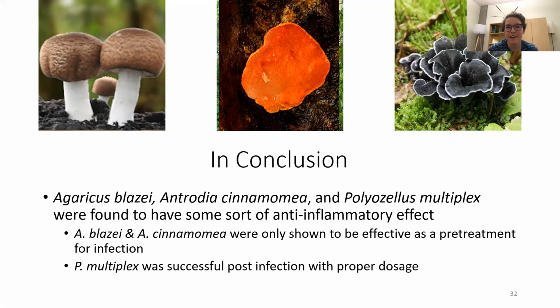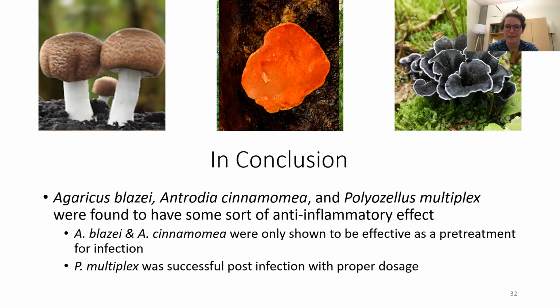Maybe we just need to find the perfect mixture of mushrooms that have anti-inflammatory and pro-inflammatory properties, and then give that cocktail to mice. Oh, that would be super interesting. Just take all three of these, grind them up, and throw them at all the septic patients. Like, here you guys go.